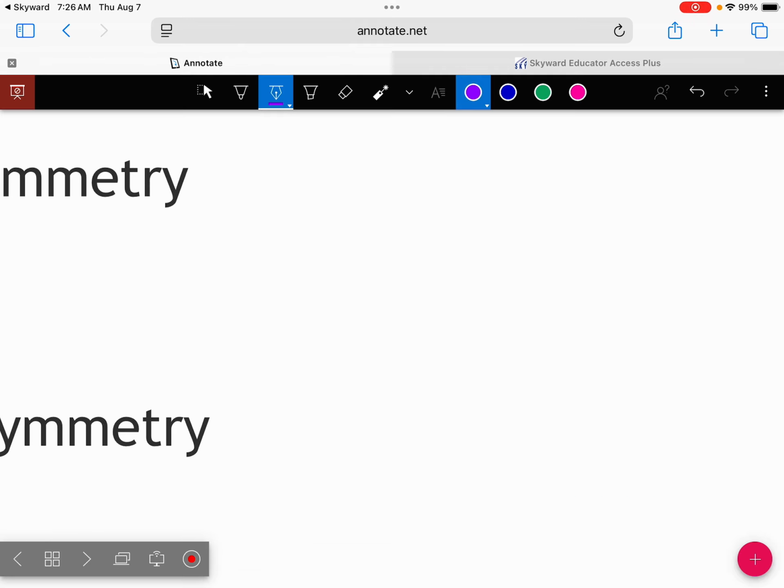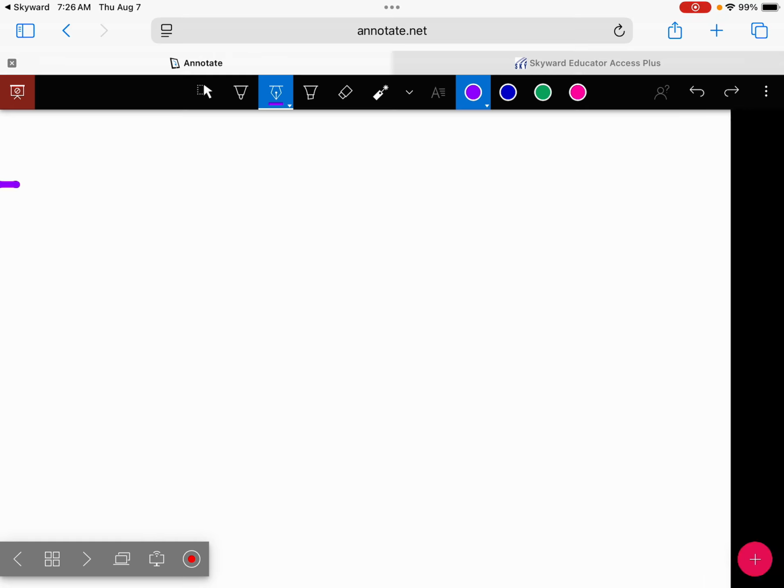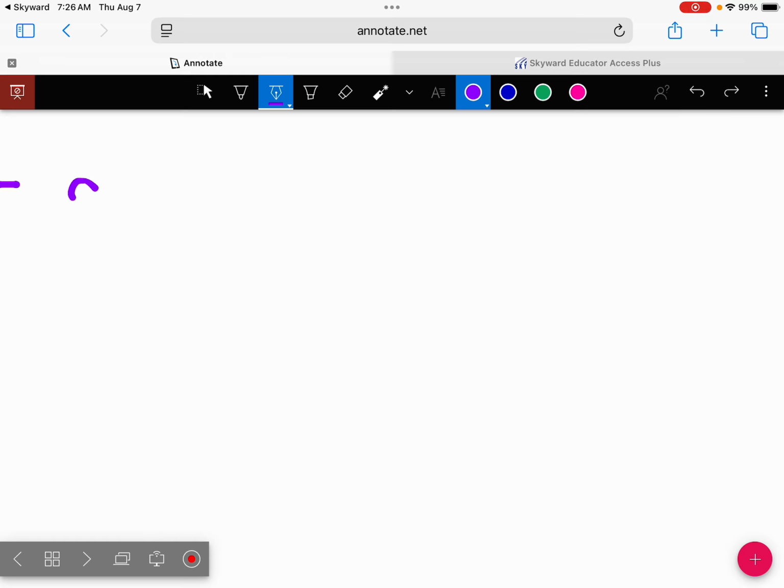So the first thing I want to bring up is line symmetry. Line symmetry is a graph that's reflected across a line. I promise I will show you what I mean by that. Sometimes when we write definitions, it feels like we write in a different language. I promise I will always get things explained a little bit more.